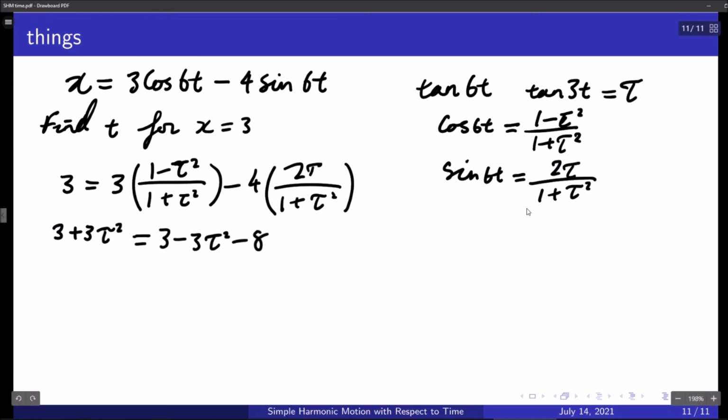So 8 tau. If we rearrange things, 3 cancels out.